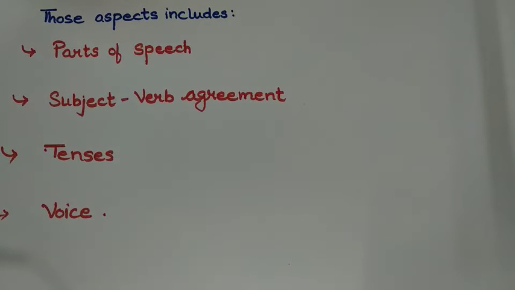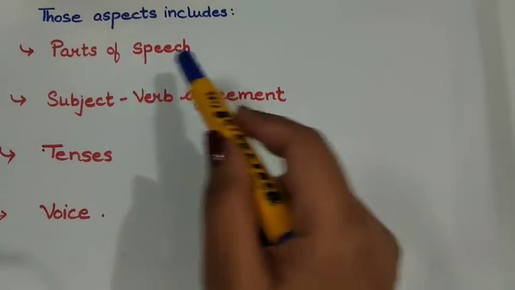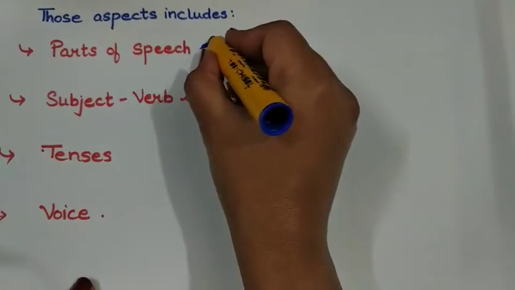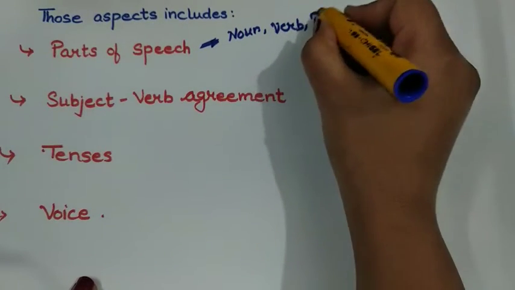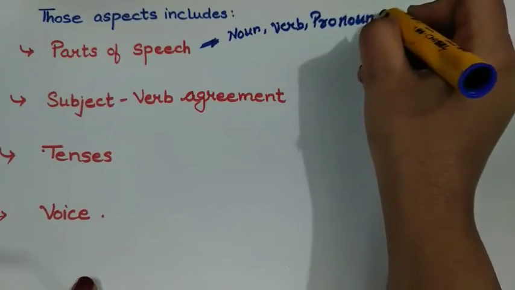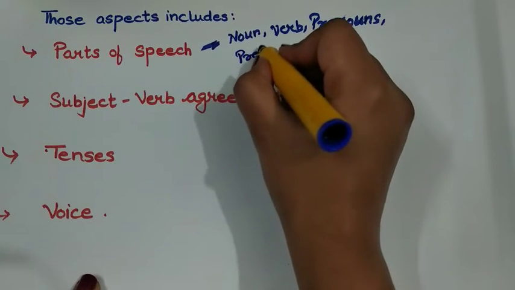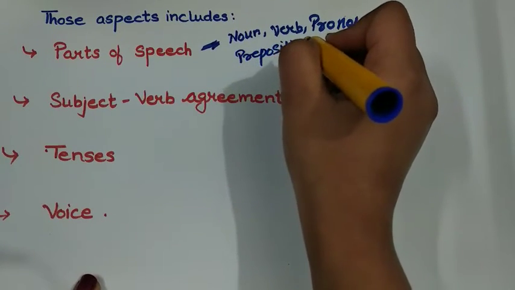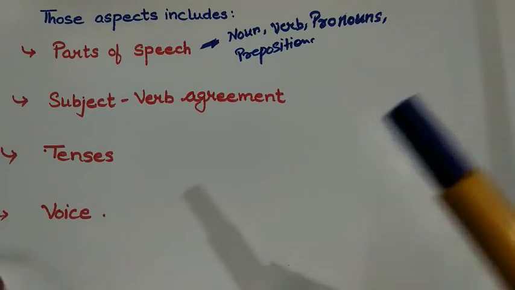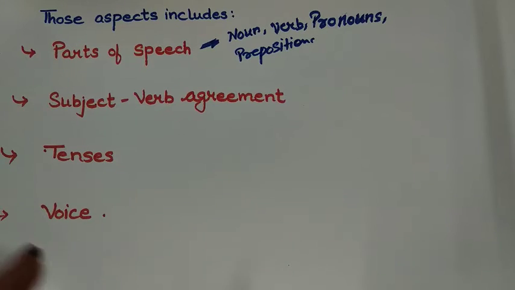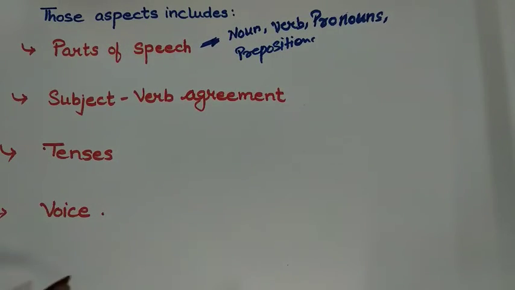Parts of speech include noun, verb, pronouns, then prepositions, etc. Along with the basic knowledge there are some rules which you should learn, and how you will learn that is just by practice. You should know the basic knowledge of parts of speech.